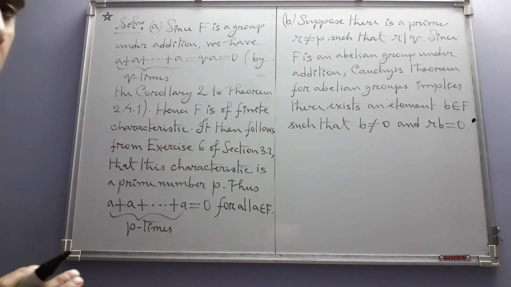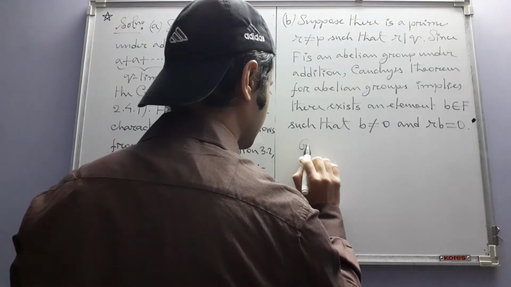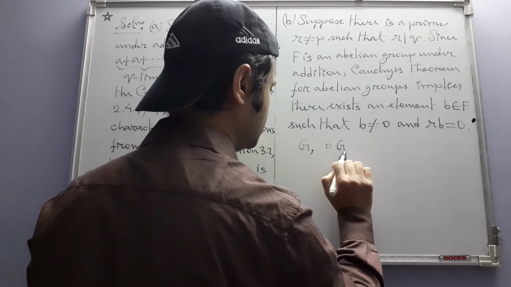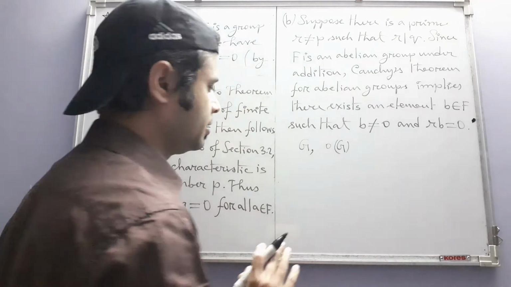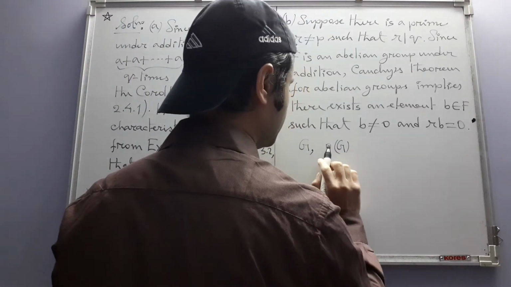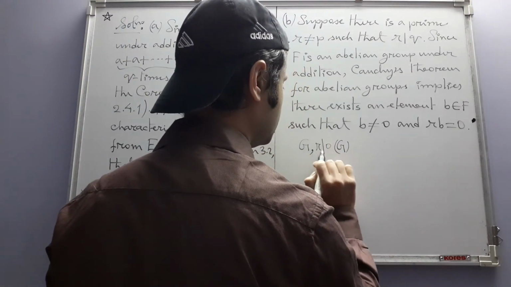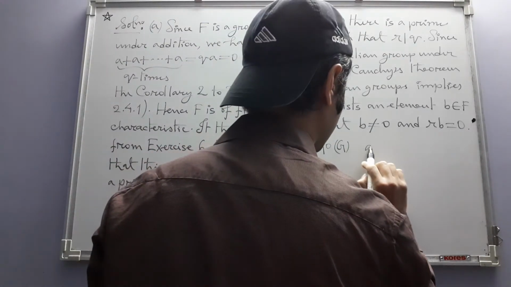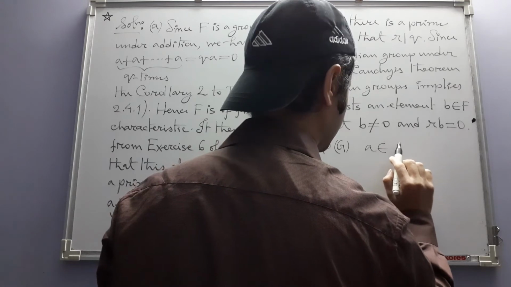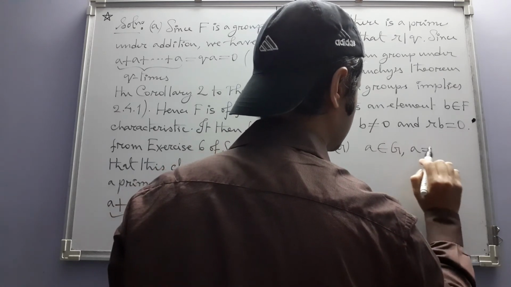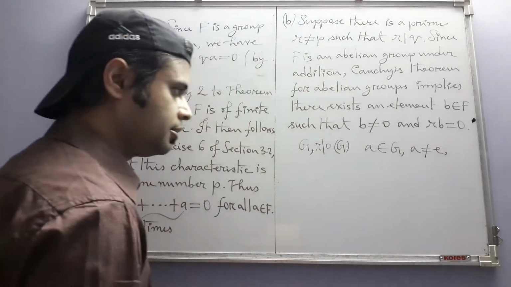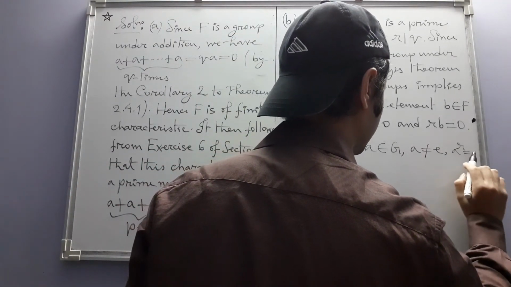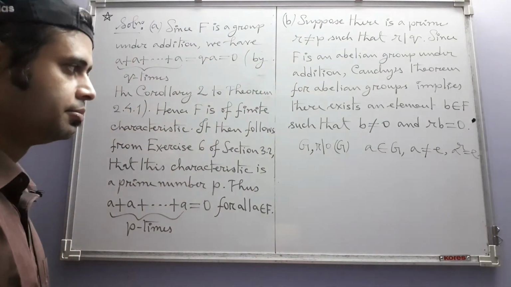Recall Cauchy's theorem for abelian groups. You have an abelian group G, a finite abelian group in fact, and order of G is divisible by some prime R. Then you can find an element A in G which is not equal to the identity element and such that A to the power R is equal to identity.